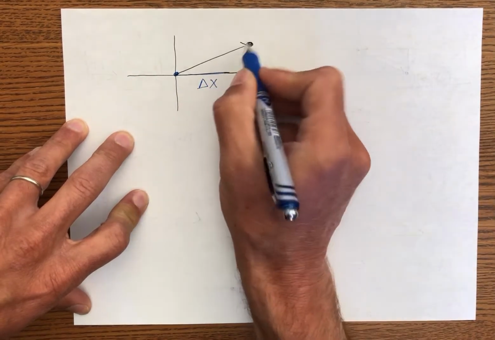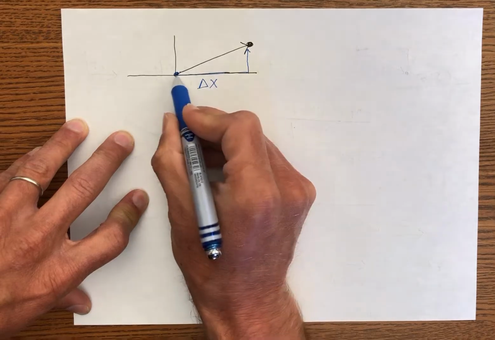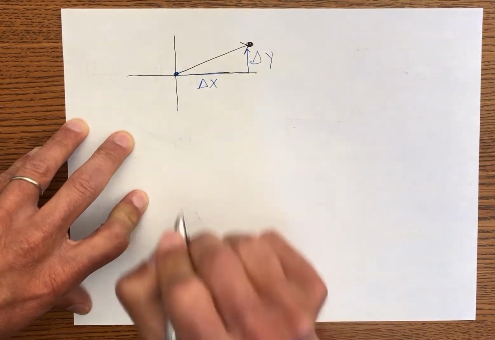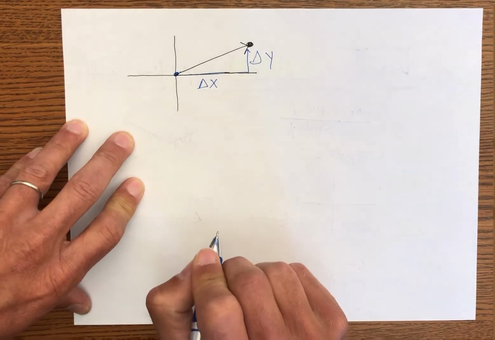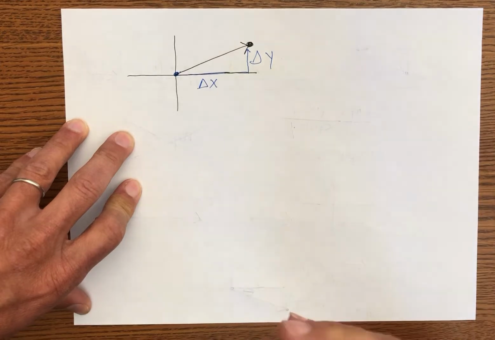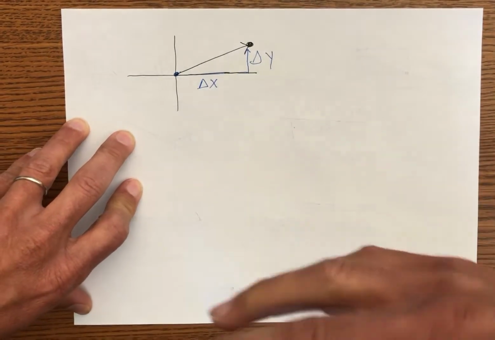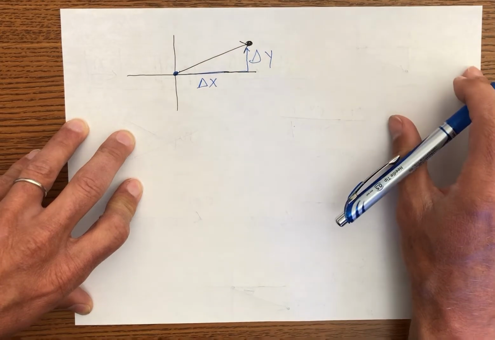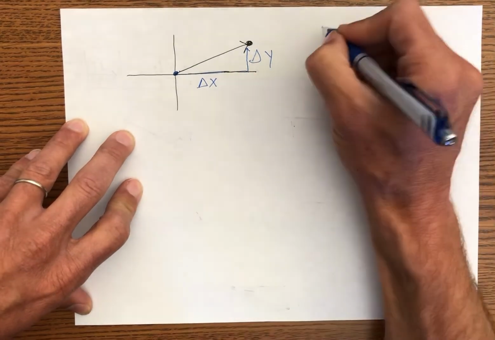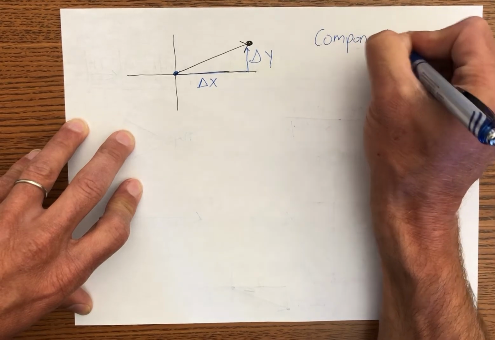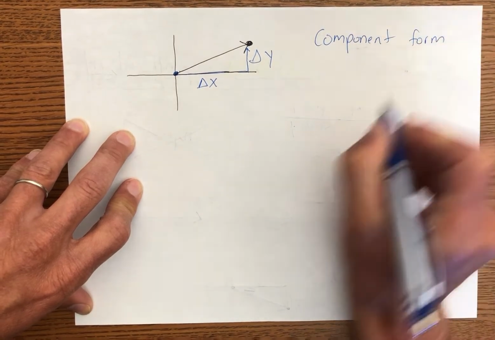To go from here to here, you've done a change in your x and a change in your y. Now, component form is the name of the vector. Think of whenever you're trying to name a vector and describe where it's moved, it's called component form.